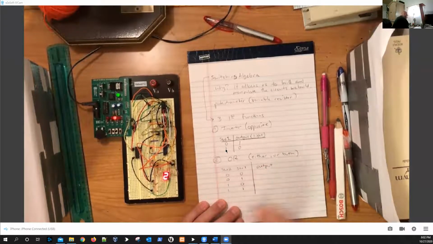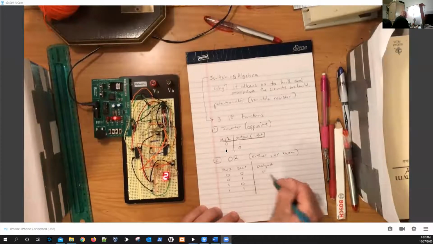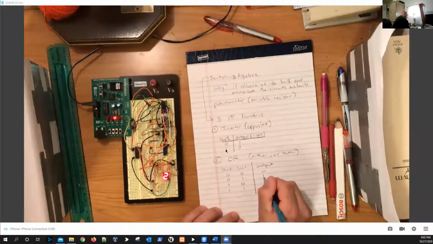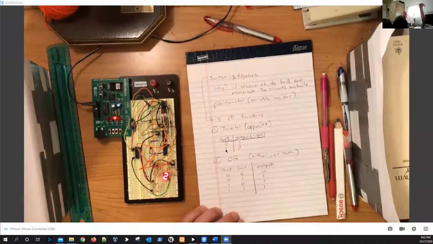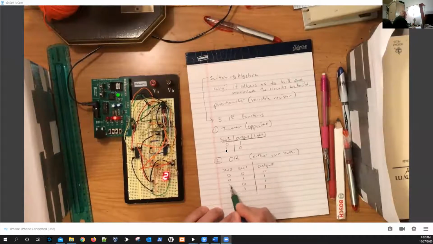Here's the output for OR. If both inputs are off, then the output is 0. But the output will be on in all three of these other cases. Again, you're thinking either or both. If either one of them is on, so here switch 1 is on, here switch 2 is on, here they're both on, in all three of those cases, the output is on.